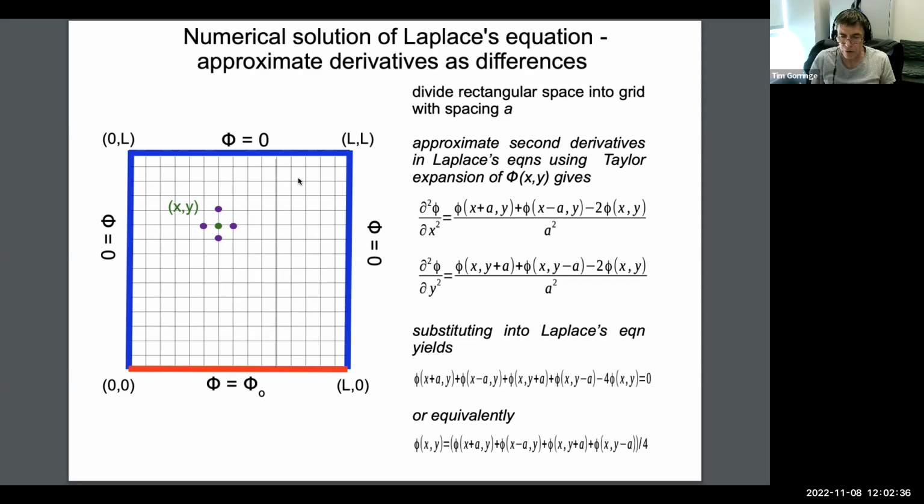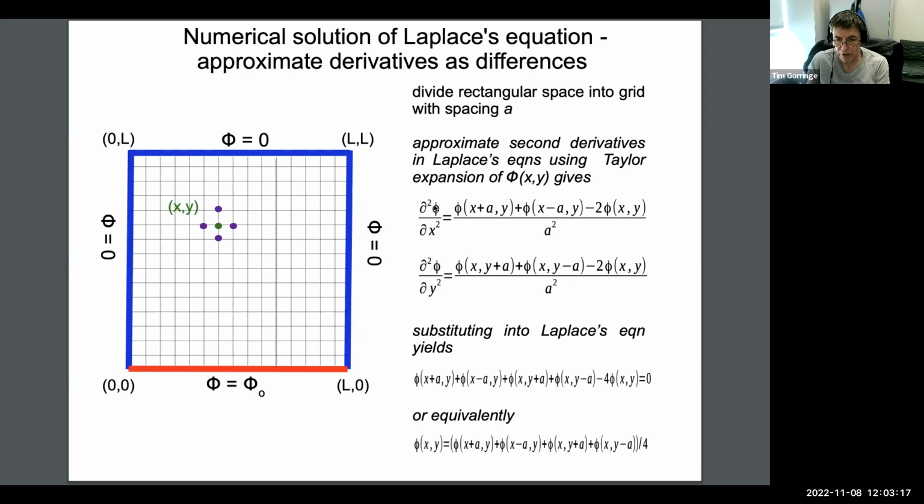Actually, if you take the Taylor expansion for a series of neighboring points, you can rewrite it as an expression for the second order differential at the center of that arrangement of points. So let me get specific here. We want the second order differential of the electrical potential with respect to X. We want the second order differential of the electrical potential with respect to Y.